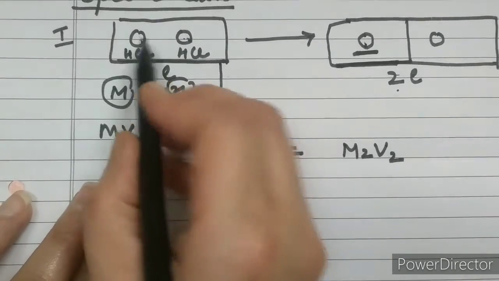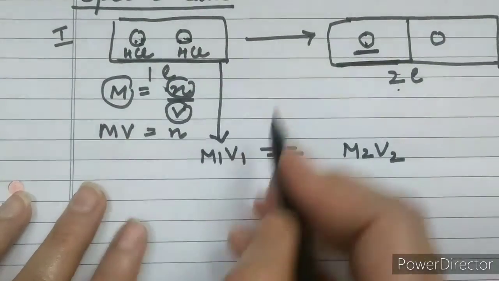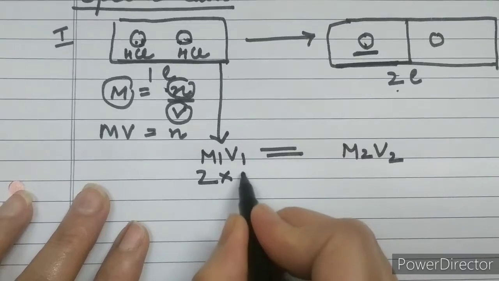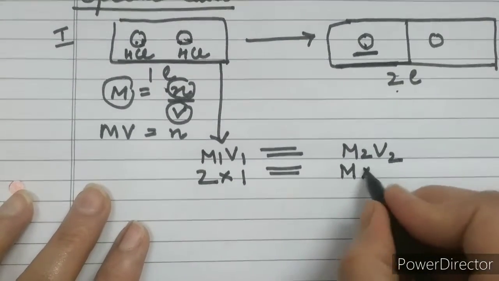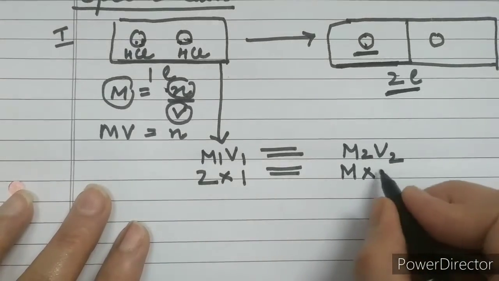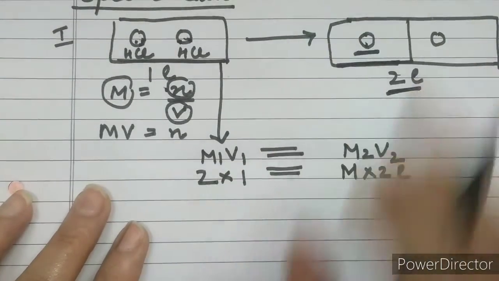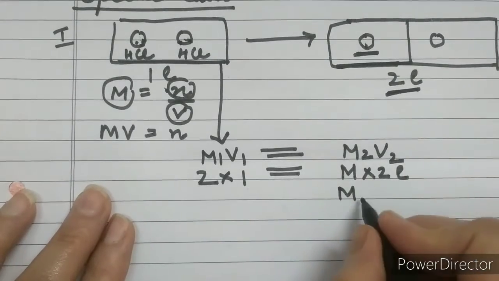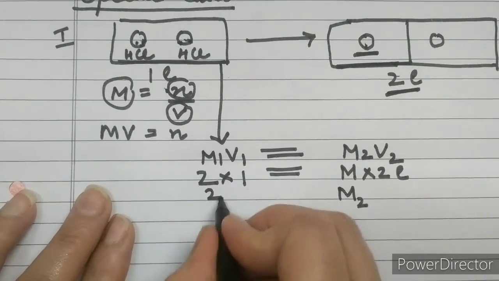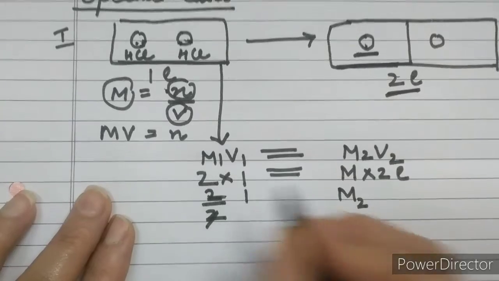Molarity here was 2 moles per liter, so that is 2, and the volume was 1. The new molarity we have to find out, and we know that we have diluted it to 2 liters, so now the total volume of the solution is 2 liters. So the new molarity, that is M2, will be 2 divided by 2, that is 1.